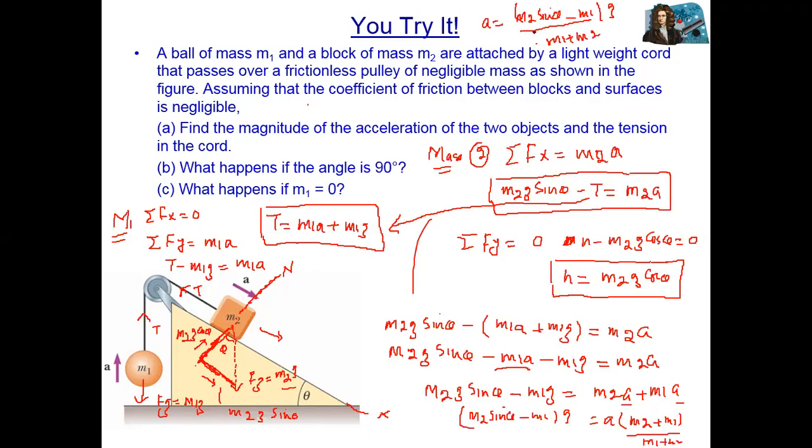When, for example, any two bodies are given in this shape, and you know the angle and the masses m1 and m2, then you can find the acceleration produced in this body with the help of this formula: m2 sine theta minus m1, multiplied with g and divided by m1 plus m2. Here m2 and m1 are masses, and theta is this given angle. If it is given as 30, use sine 30, sine 40, sine 45. You can find the acceleration.